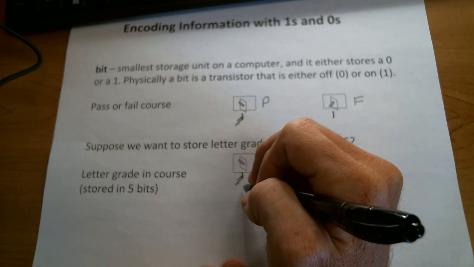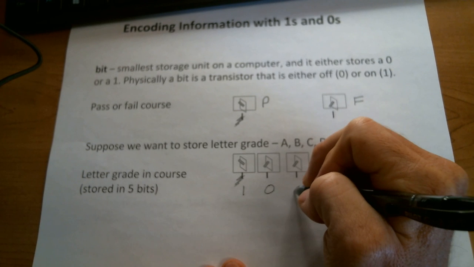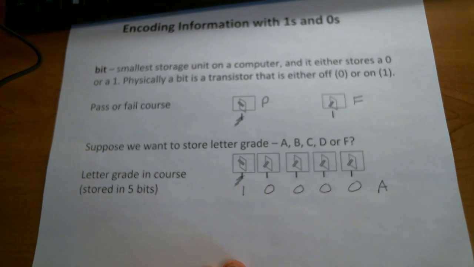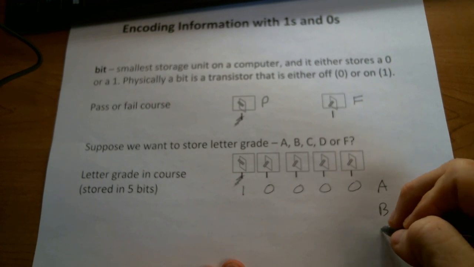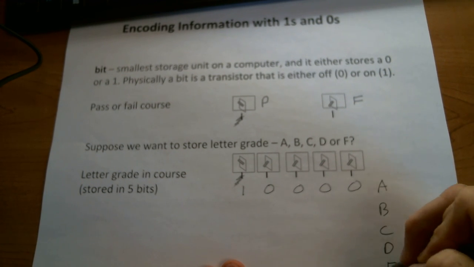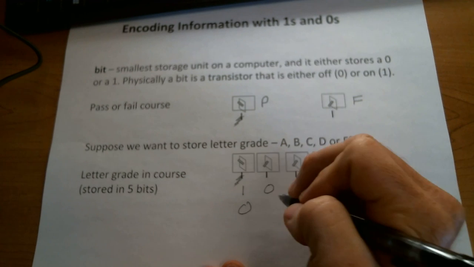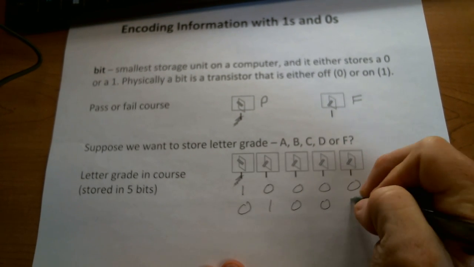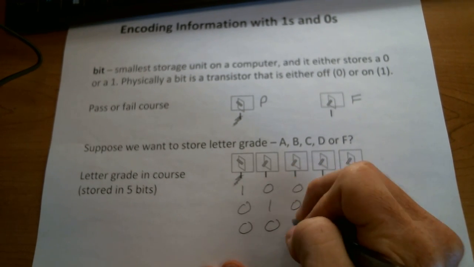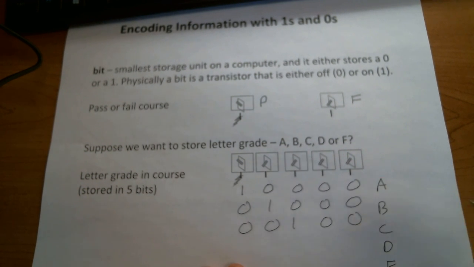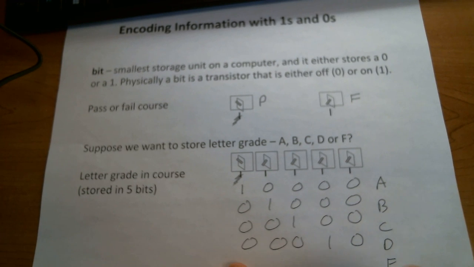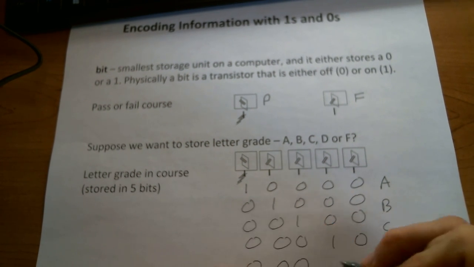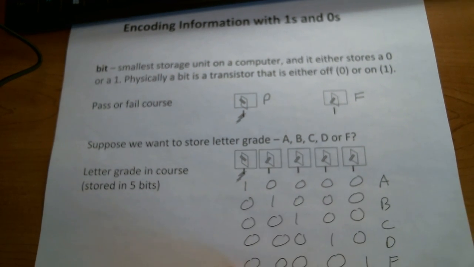When this one is on and the rest of them are off, that would represent the letter A. Then we could do the same thing for B, C, D, and F. With B, only the second switch is on. With C, only the third switch is on. With D, only the fourth switch is on. With F, only the fifth switch is on.